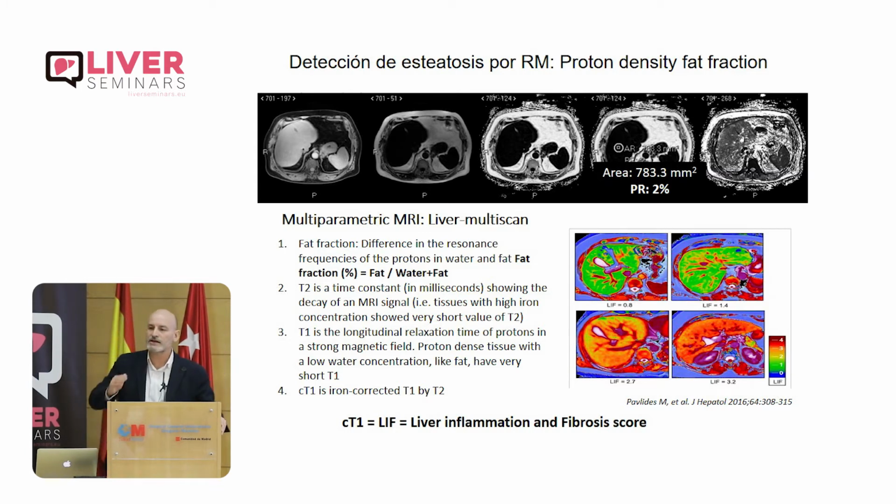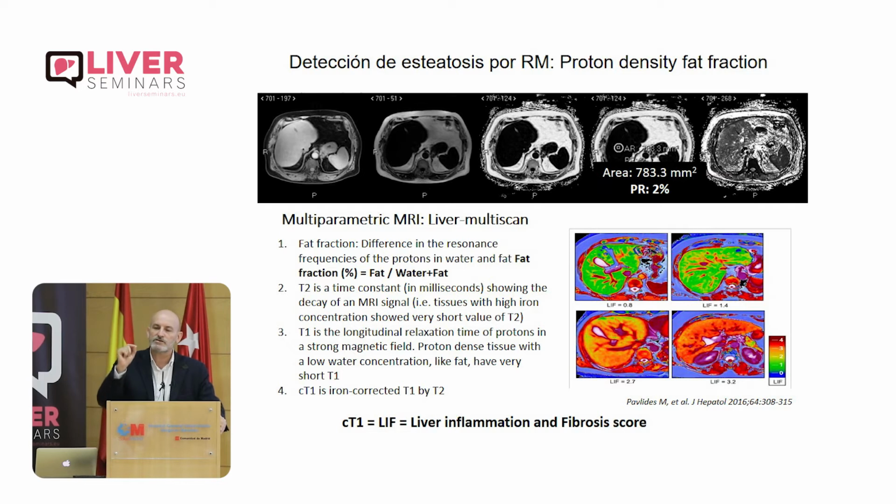Correcting by T2, you can exclude any confusion, any noise due to biliary fluid, due to iron, etc. And with this protocol, we select a ROI, an area of interest in the liver, and we calculate exactly the percentage of fat infiltration.